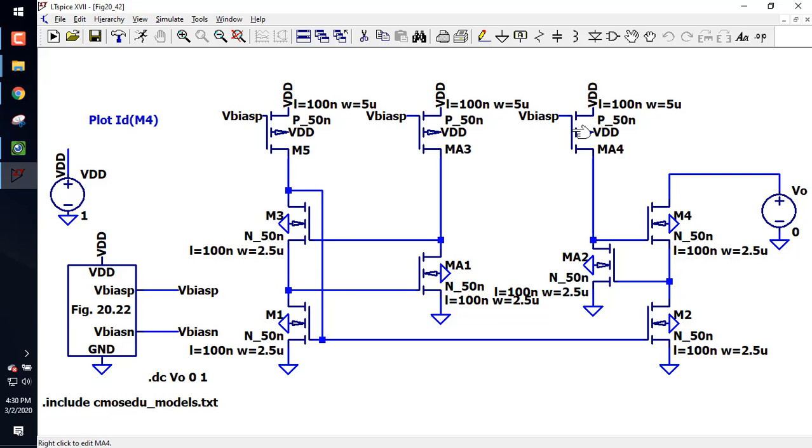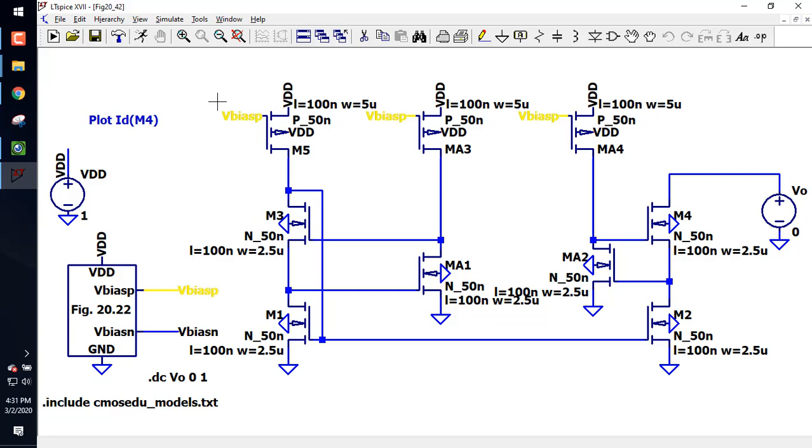Here's my current source from my bias, right click, highlight net. This is my transistor, it's regulating this at a VGS. So what do I expect? This is the minimum voltage I can have here and have high output resistance. No, I need a VDS sat across this, and then this is set at VGS. Yeah, VDS sat plus VGS.